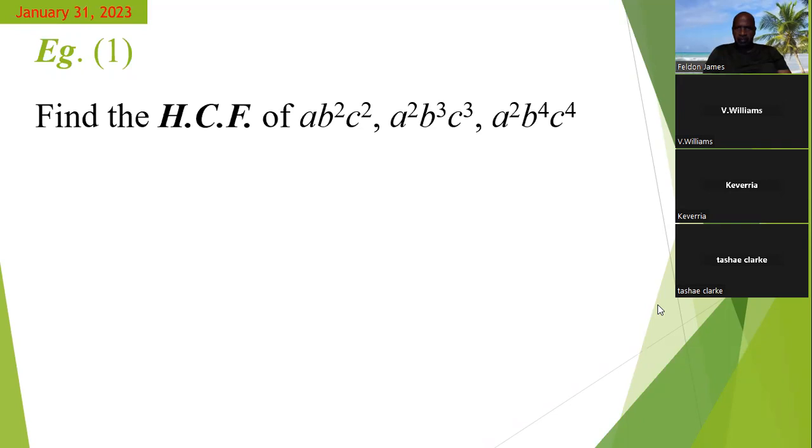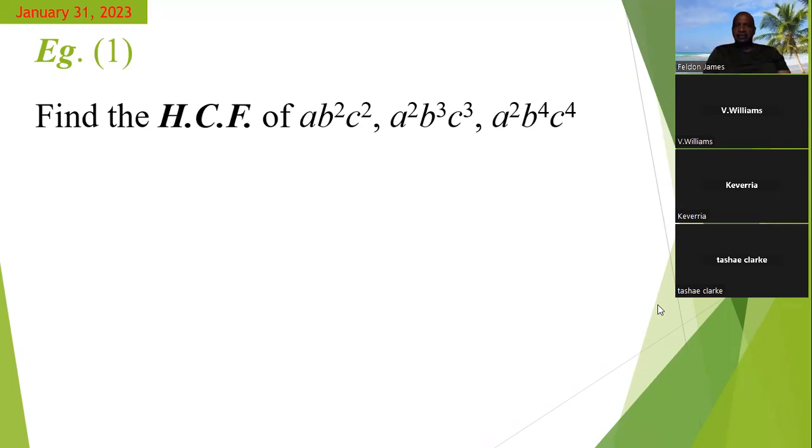All right, so first you're going to choose the number where everything is common in, and the lowest one would be AB2 C squared.